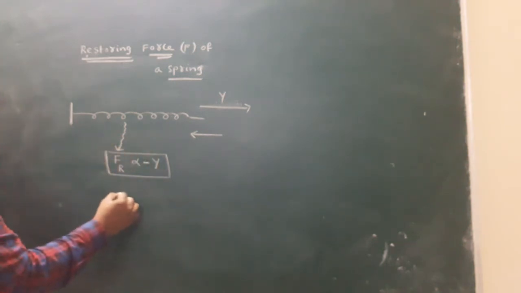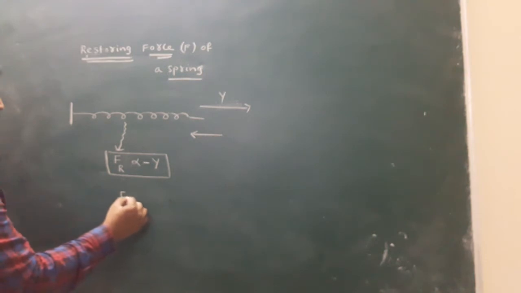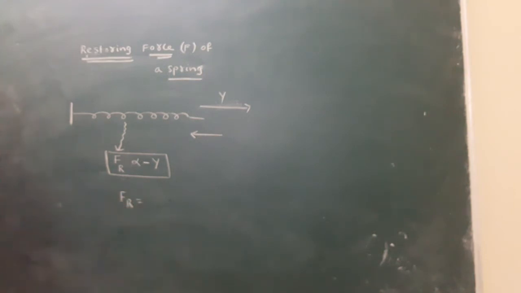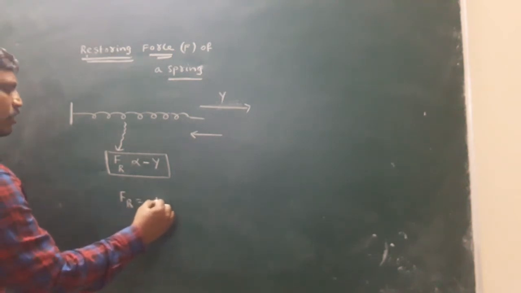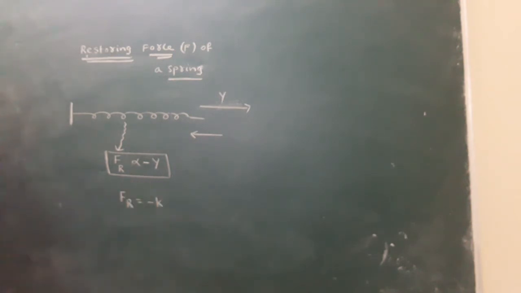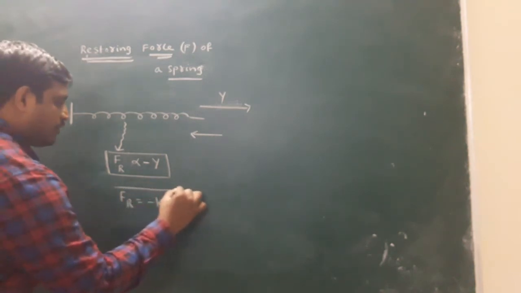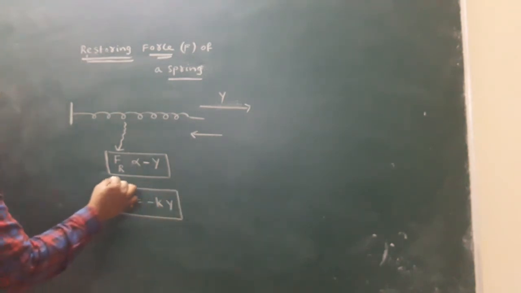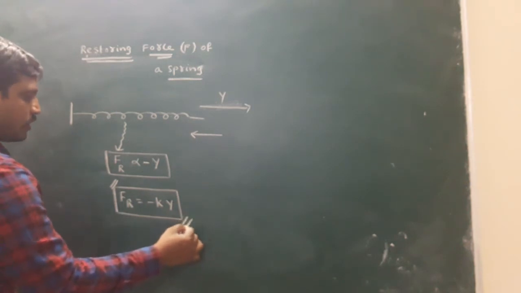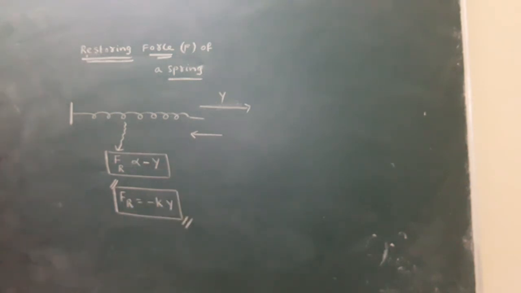Here, proportionality can be removed by writing a constant. The constant is k into y. This is the formula for restoring force. What is the formula for restoring force? F equal to minus ky.